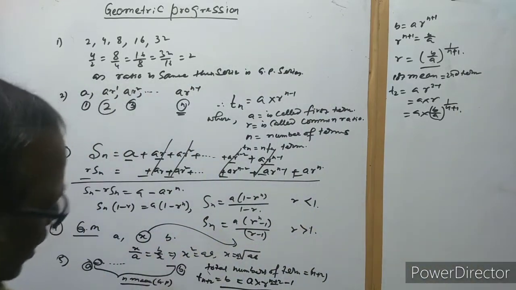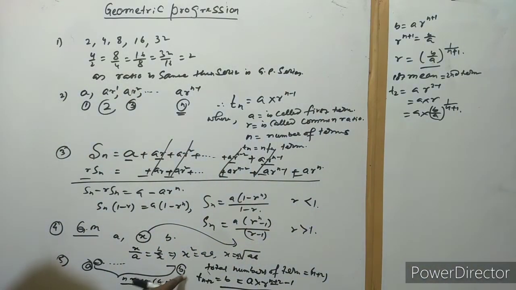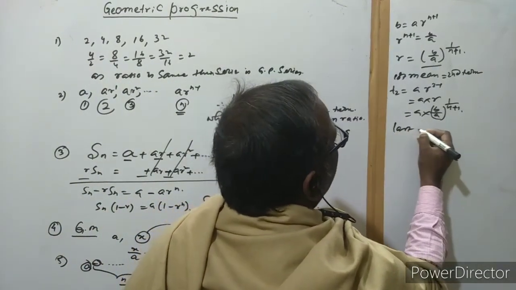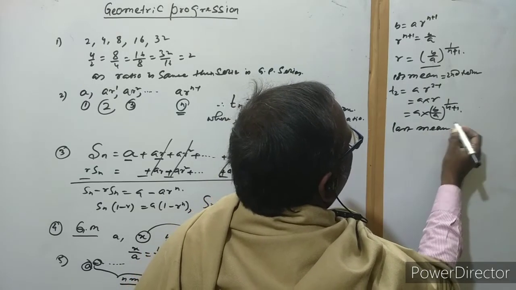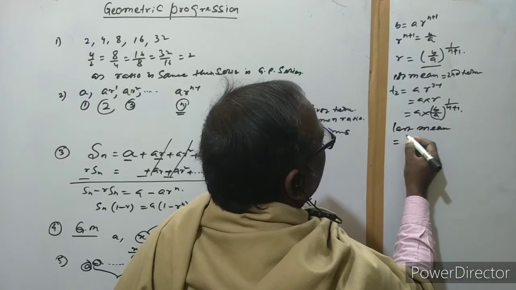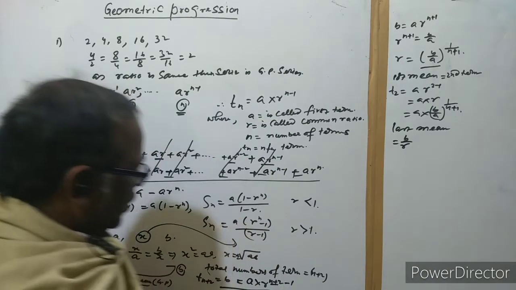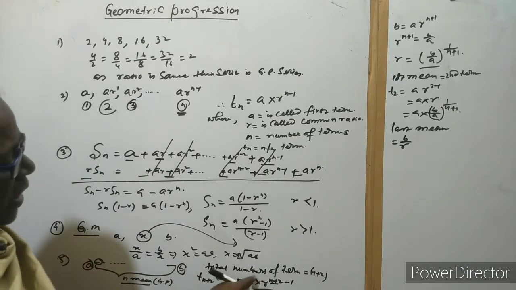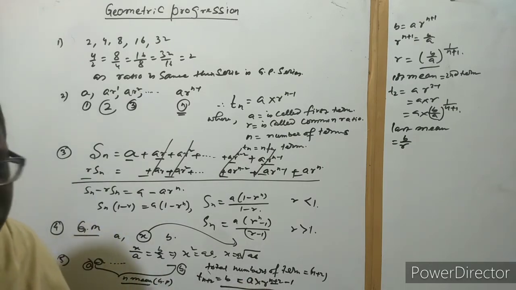Okay, and for the last mean, b is the last term, and the previous term is called the last mean. So we can say that the last mean is equal to b by r. Here r is the common ratio.